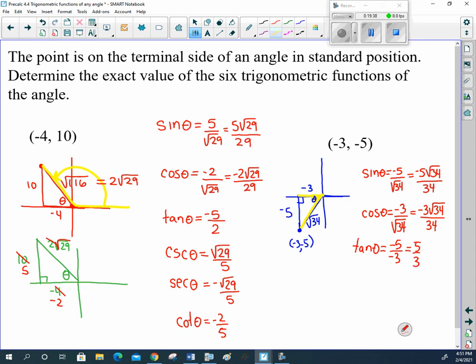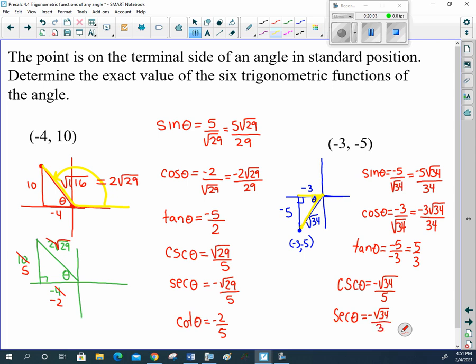And now we'll do the reciprocal functions. So reciprocal of sine is cosecant theta, and that's going to be a negative square root of 34 over 5. Reciprocal of cosine theta is secant theta, and that's going to be negative square root of 34 over 3.